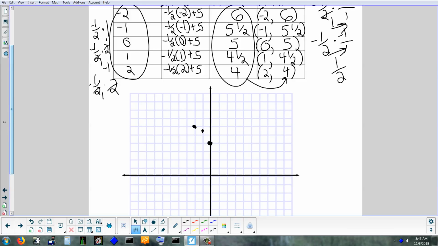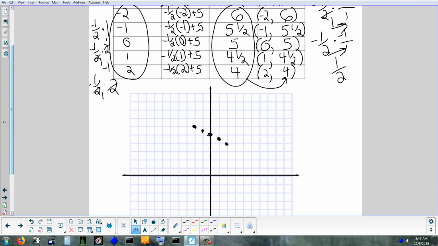1, 4.5. I'm going to the right now because it's positive. Right 1, up 4.5. 1, 2, 3. I screwed that up. That's better. 1, 2, 3, 4.5, in between both. Now I got 2, 4. Again, right 2 because it's positive. 1, 2, 3, 4.